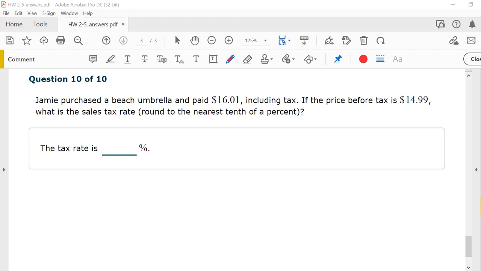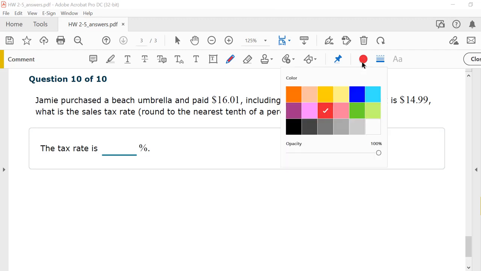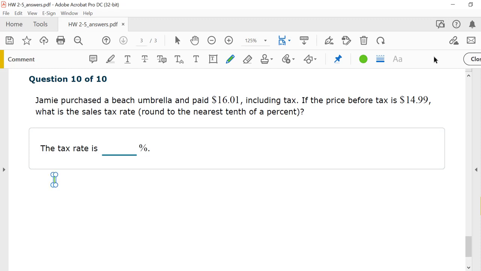Question 10. Jamie purchased a beach umbrella and paid $16.01, including tax. If the price before tax is $14.99, what is the sales tax rate? Round to the nearest tenth of a percent. Okay, the total paid is going to be the price plus tax, right?